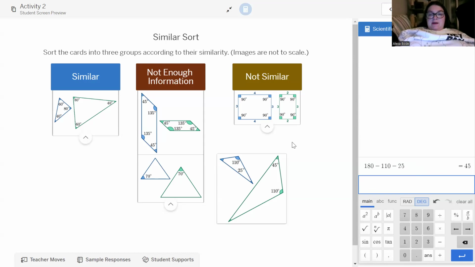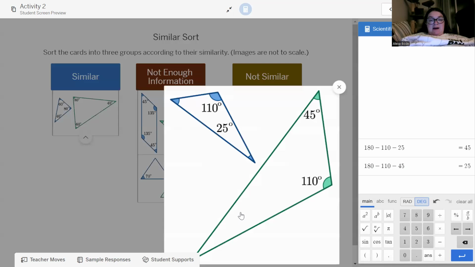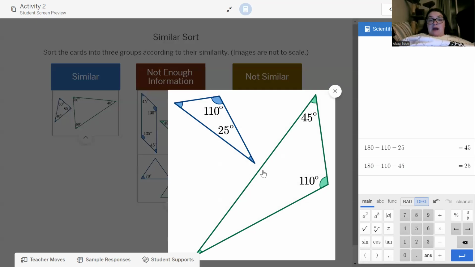Let me just double check with my other one. 180 minus 110 minus 45 equals 25. So this one here is 25. So in these two triangles, we have 45, 110, 25, 45, 110, 25. The three angles in these two triangles are the same, so these two triangles are automatically similar.